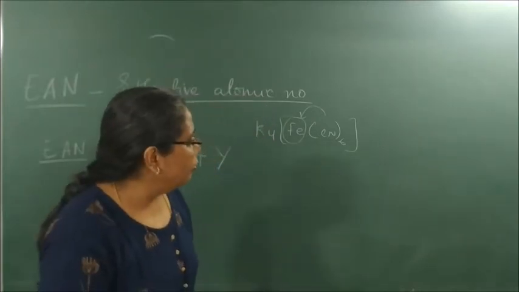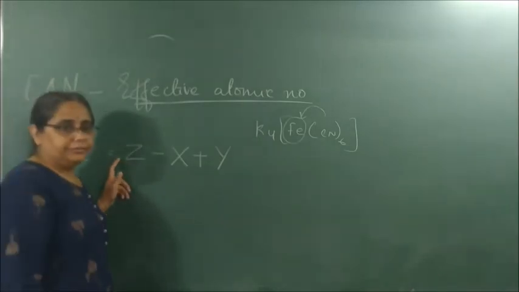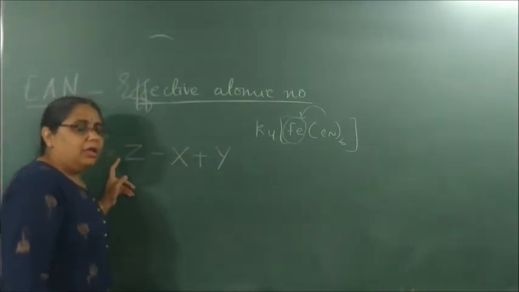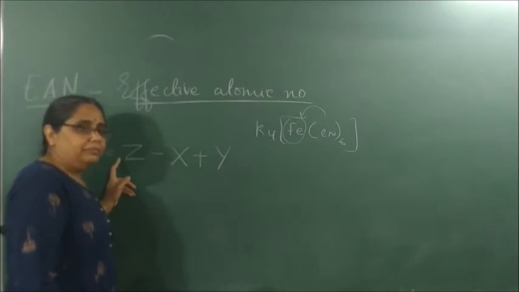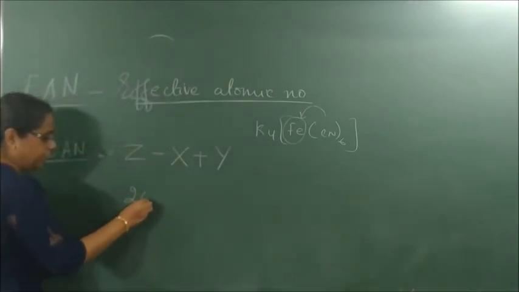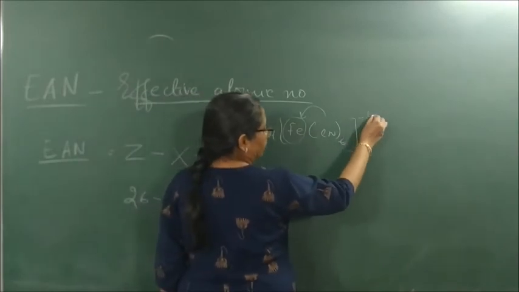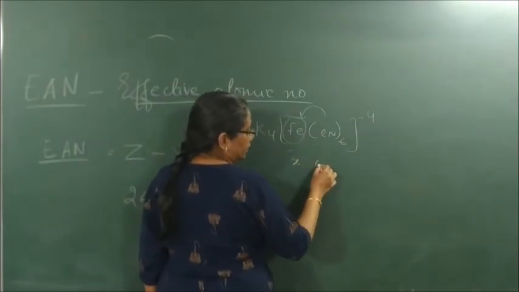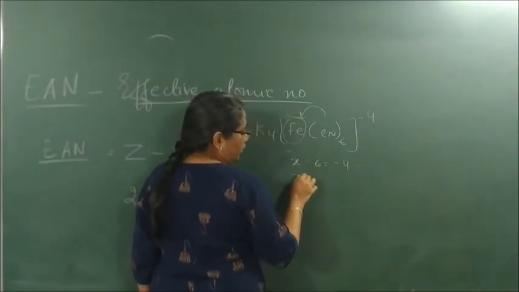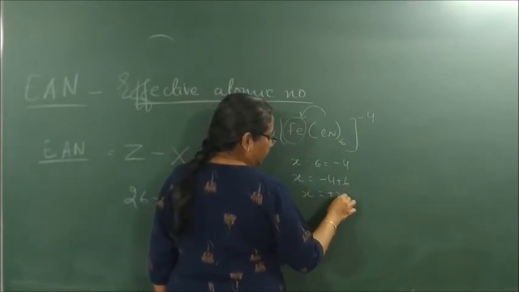Okay, so now for this we will find out. K4[Fe(CN)6]: Z for Fe, scandium, titanium, vanadium, chromium, is 26. Minus X, the oxidation state. Overall it is minus 4, so X minus 6 is equal to minus 4, so X is equal to minus 4 plus 6, so X is equal to plus 2.